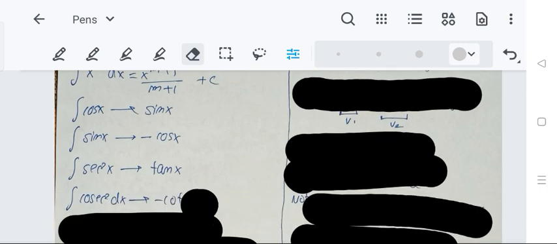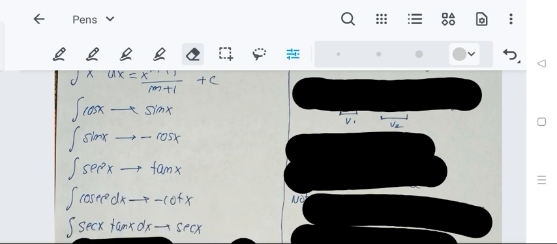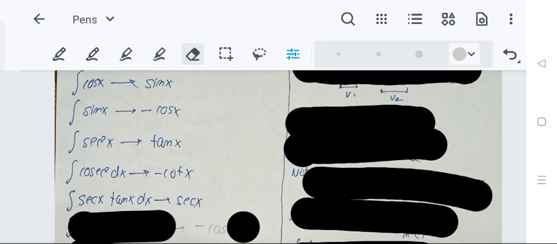The other function is secant square x. You have seen that differentiation of tan x is secant square x, so integration of secant square x is tan x. I will come to the integration of tan x. Now the integration of cosec square x dx is minus cot x, since differentiation of cot x is minus cosec square x.